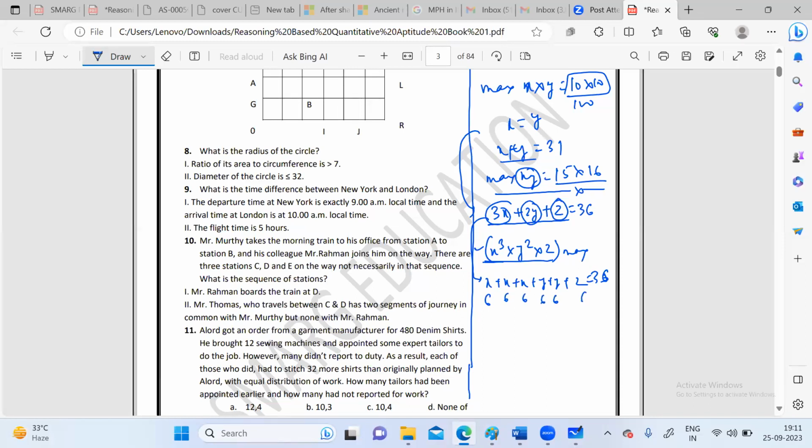So 3x is 18, and I did not need to write 3x. x is 6, y is 6, and z is 6. So the maximum that we can get is 6 cube into 6 square into 6. This is how we can get the maximum.